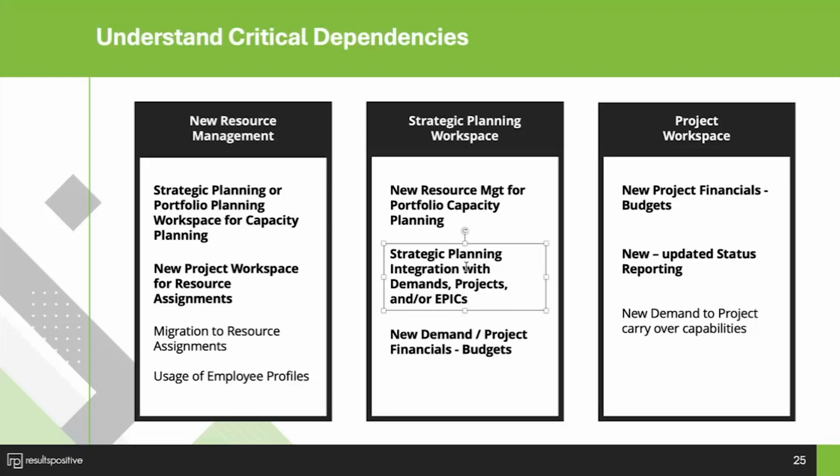Typically, you want to have that in sync. And then there are recently new updates around financials and budgets. Those are things to keep in mind that you'll need to migrate into those new capabilities. Basically, they're very similar to the way you're doing it today, but there is some simplification there as well.